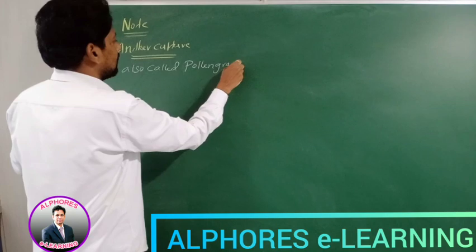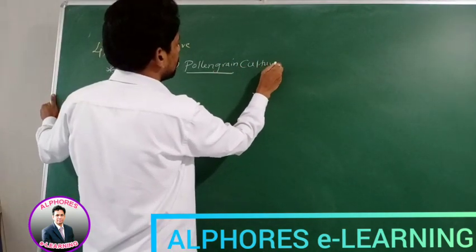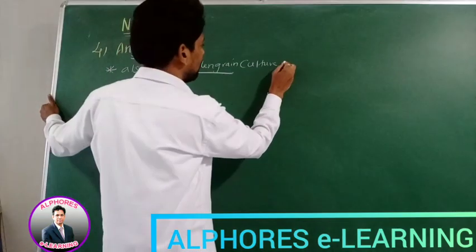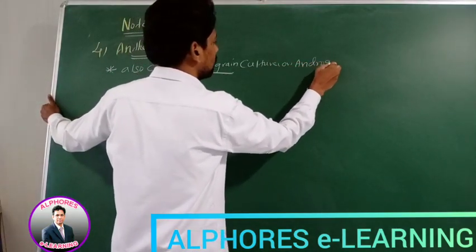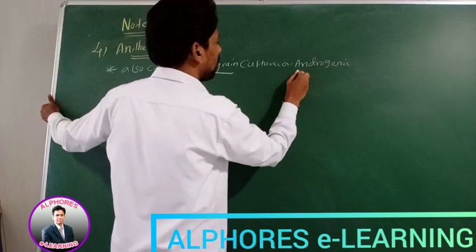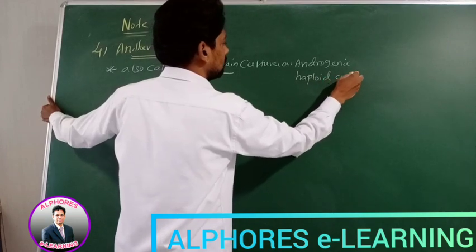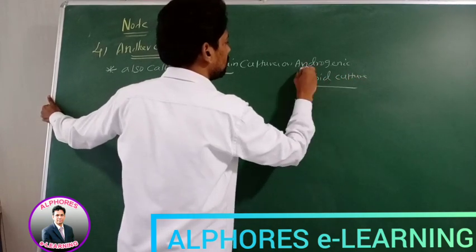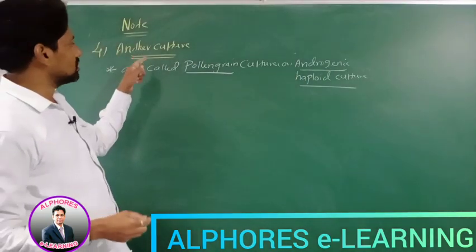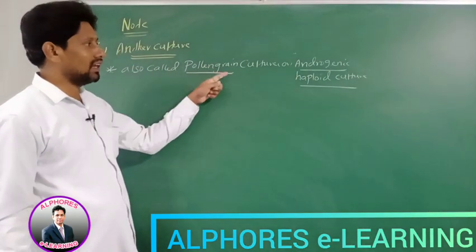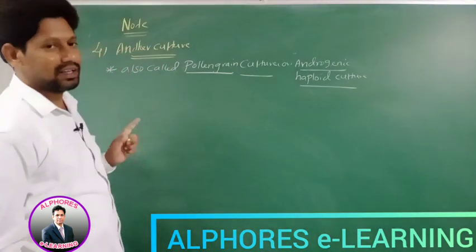It is also called androgenic haploid culture. Is it okay? Therefore, anther culture is also called a pollen grain culture. It is also called androgenic haploid culture.